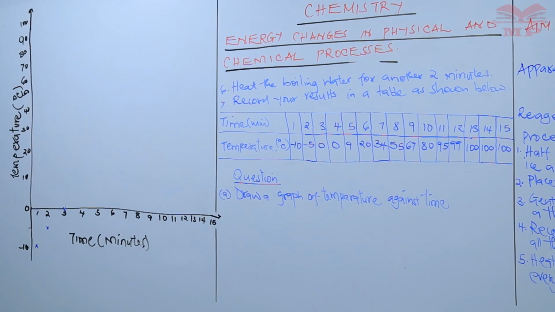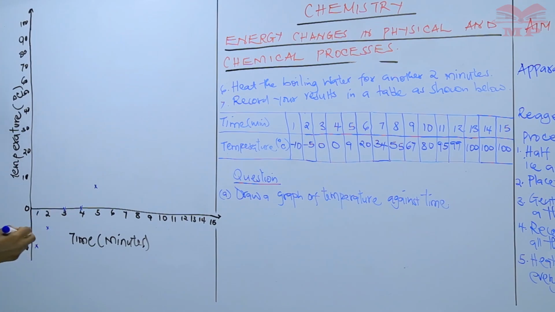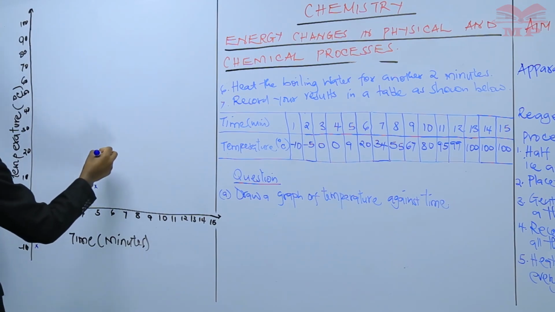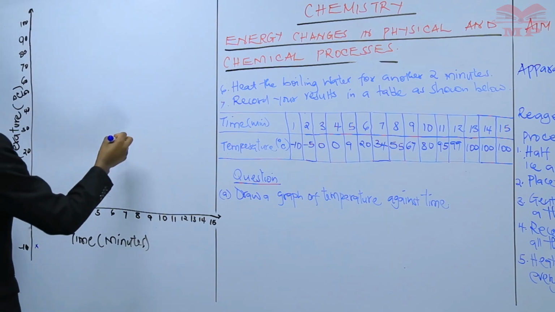Then the fourth minute, temperature is also 0. So the plot will be there. Then fifth, it's around 9. Then sixth, it's around 20. Somewhere like that point. Then 7, you have 34.